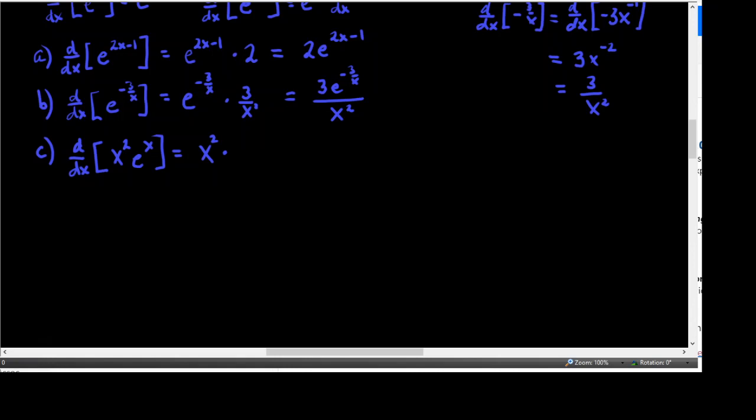The derivative of e to the x, coolest function ever, is itself, e to the x, plus the second function times the derivative of the first one. And then you'd write that as x squared e to the x plus 2x e to the x.